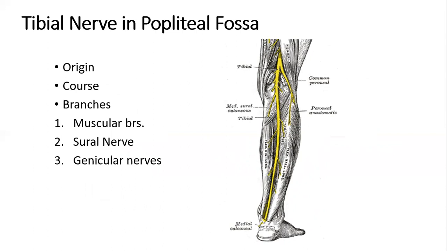In their course towards the knee joint, these genicular nerves that arise from the tibial nerve within the popliteal fossa accompany superior and inferior medial genicular arteries, which are the branches of the popliteal artery. And these genicular nerves continue to supply the medial ligament and capsule of the knee joint.